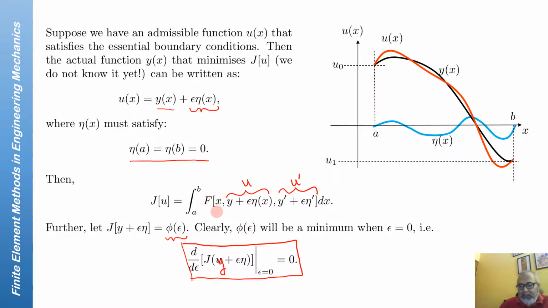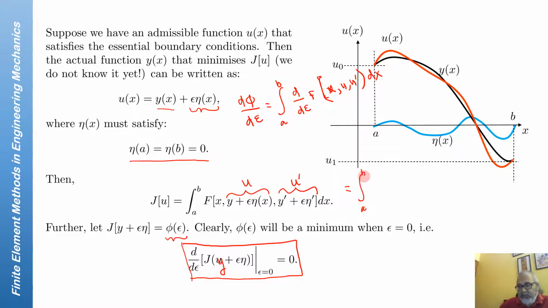To do that, let us look at the integrand, and let us try to calculate d phi by d epsilon. So d phi by d epsilon is the integral from a to b of d by d epsilon of f, which is a function of x, u, and u prime. So we can apply the partial chain rule here.